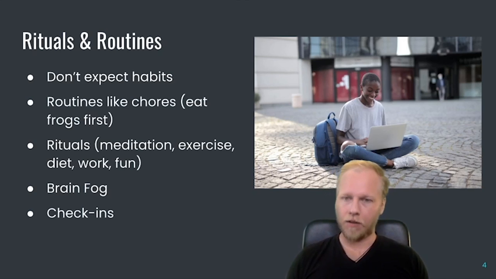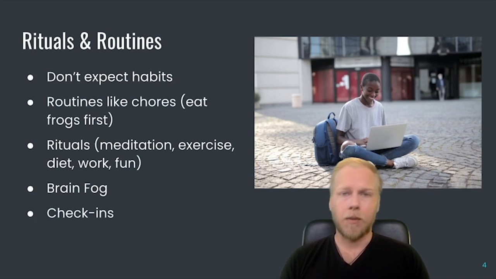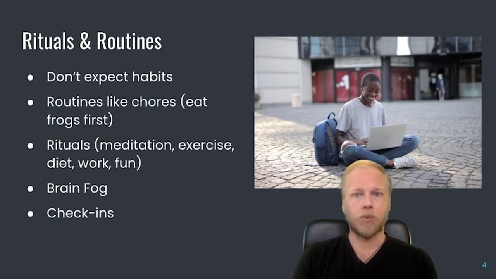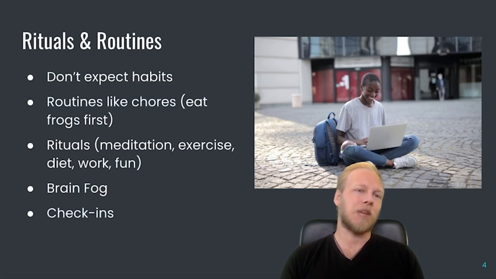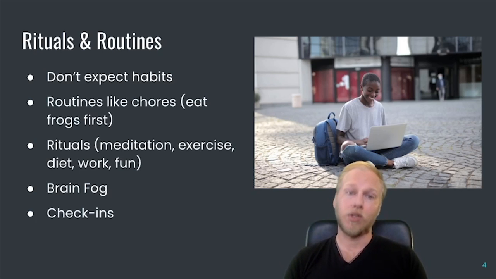After I've woken up and I'm feeling good and I'm starting my day, that's usually the time to attack those really odious tasks that you don't want to do, that you want to skip. So make your chores into routines, lay the steps out, and decide when those are going to live in your day.